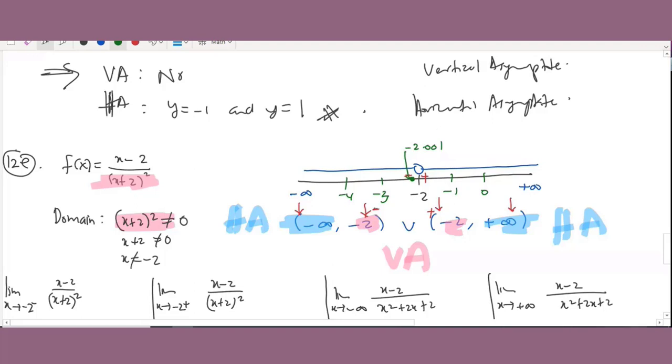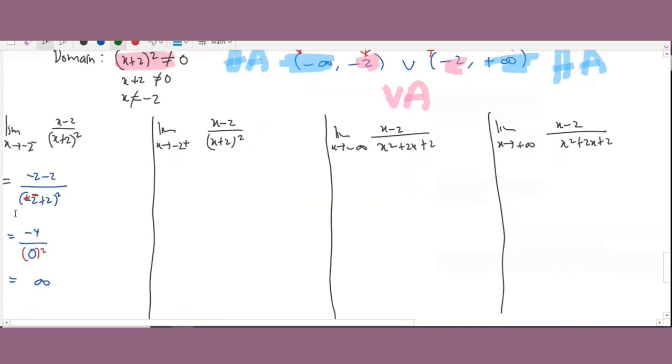Try substitute negative 2.001 plus 2. Negative 2.001 is smaller than 2, so this is just negative. To the left, squared is positive. So this one is negative over negative 4. So the answer is negative infinity.